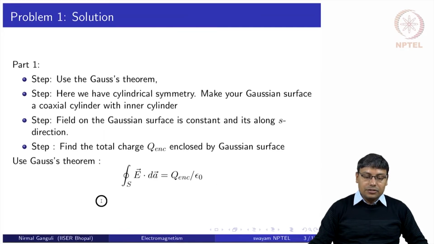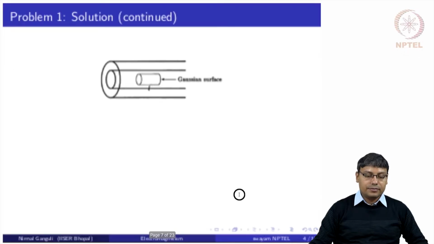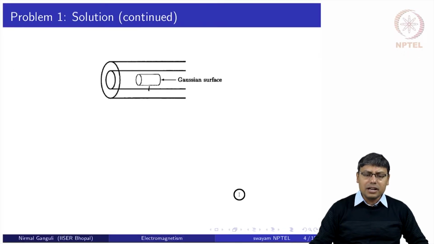So, we have this Gauss theorem, closed surface integral of E dot dA would give you the total charge enclosed Q_enc over epsilon naught. How do we do that?